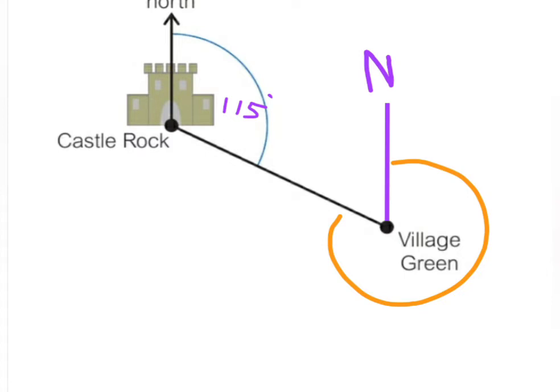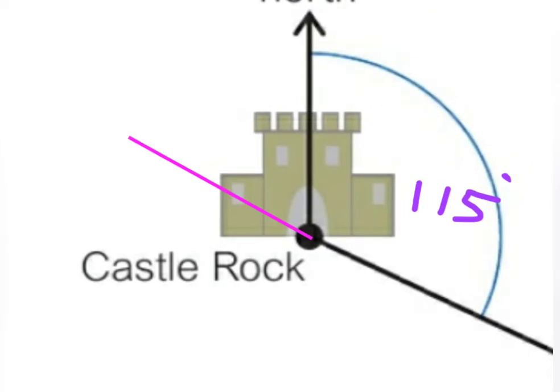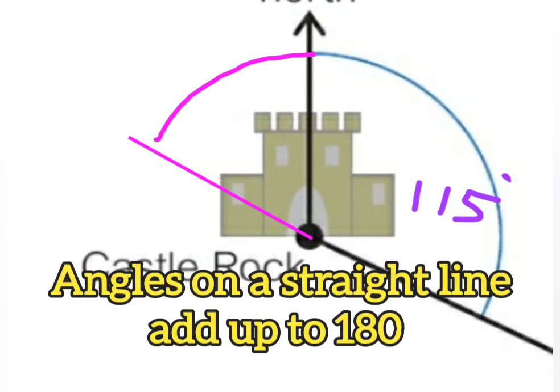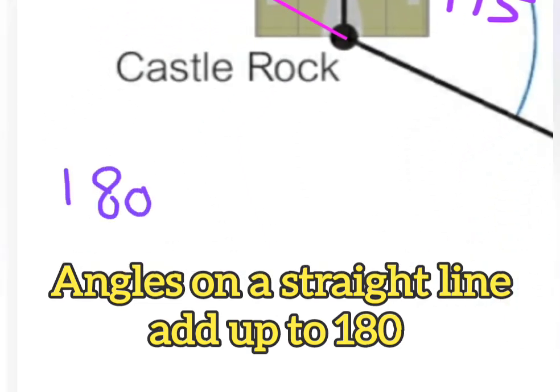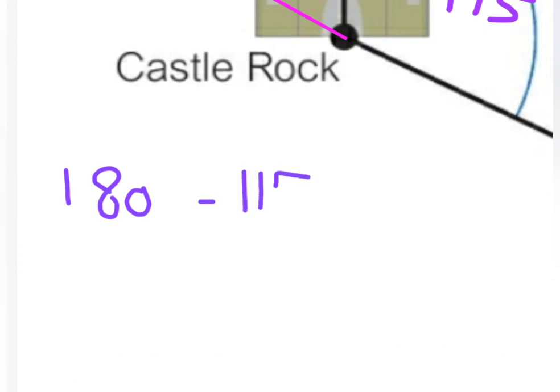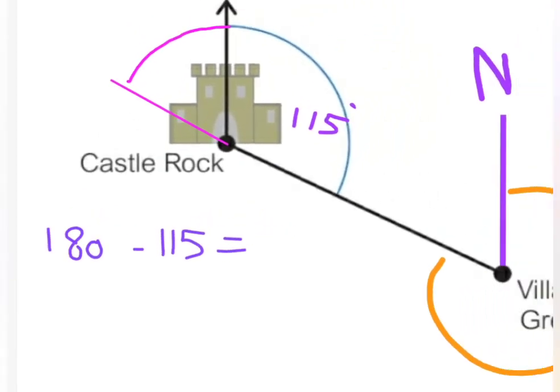How can I do this? Using the corresponding angles rule, first thing I do is finish this line like this, and then I say if this is 115, and they are on a straight line, both of them, so they add up to 180. So I'm going to say 180 minus 115 equals, I'm going to finish this angle here, so it's going to be what? 65.